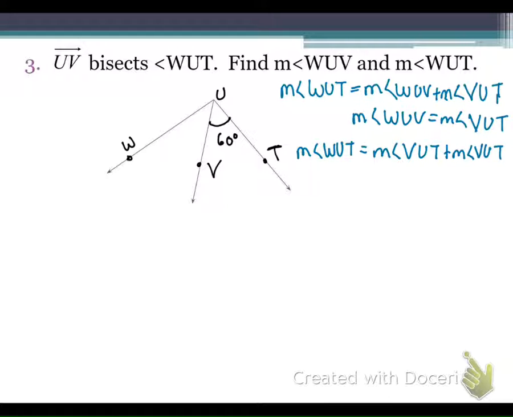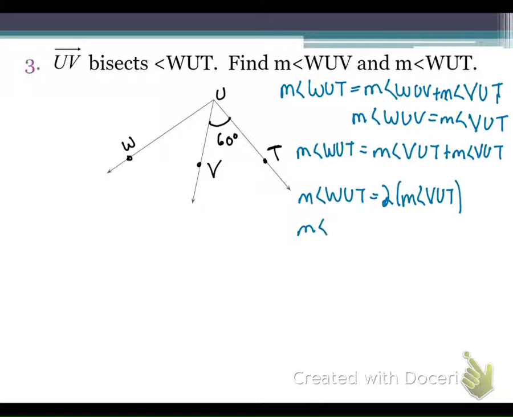Direct substitution. How many VUTs do we have? We have 2, so we can rewrite that as the measure of angle WUT equals 2 times the measure of angle VUT.